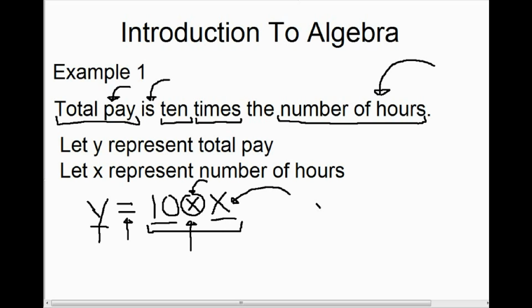So instead of writing 10 times x with the multiplication symbol, to multiply 10 times x, we just put the number next to the letter. When we see a number next to a variable like this, it means we're multiplying 10 times x. So there's our first example of translating an English sentence into a math sentence using algebra, because we have a couple of pieces of information that vary here.